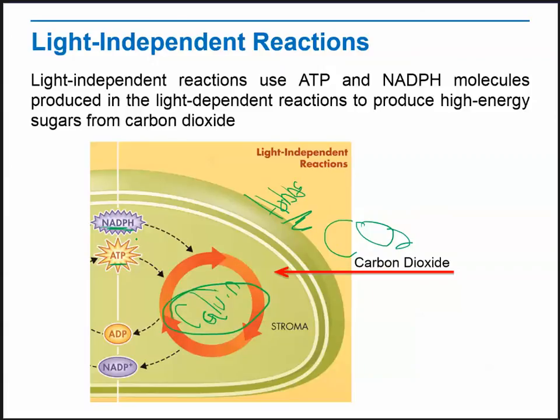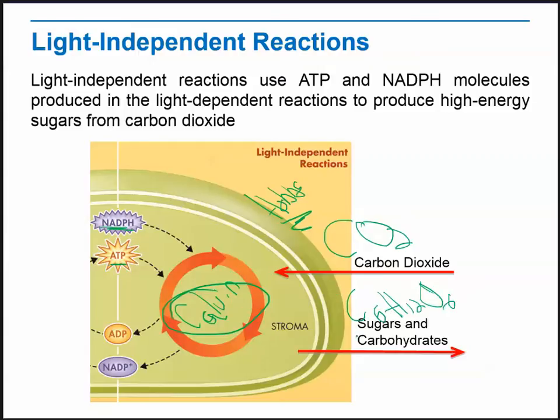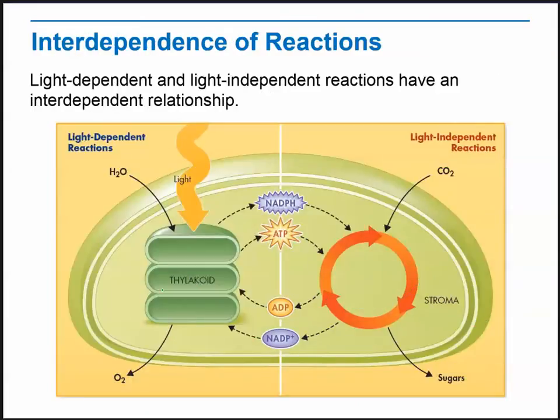So carbon dioxide, the hydrogen ions, the electrons, and ATP all come together to form our sugars like glucose, C6H12O6, and other carbohydrates. So, in summary, these two reactions are interdependent.